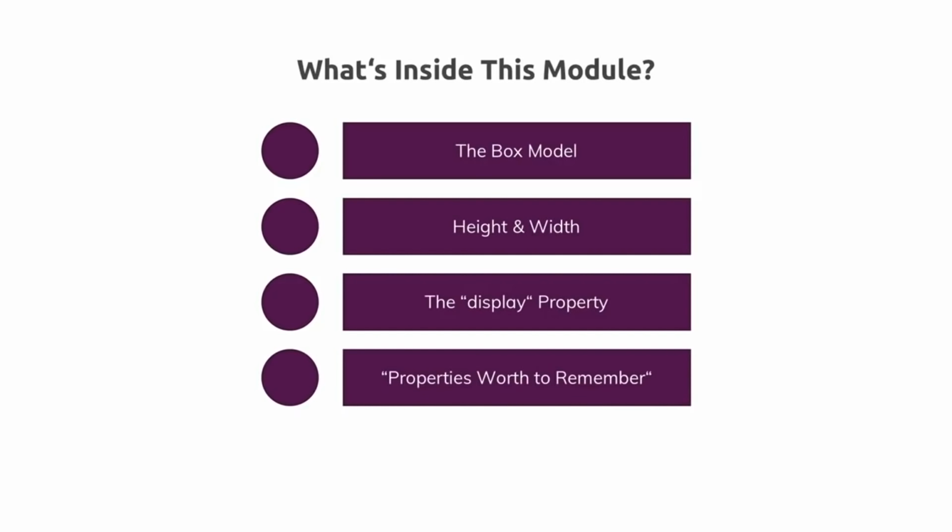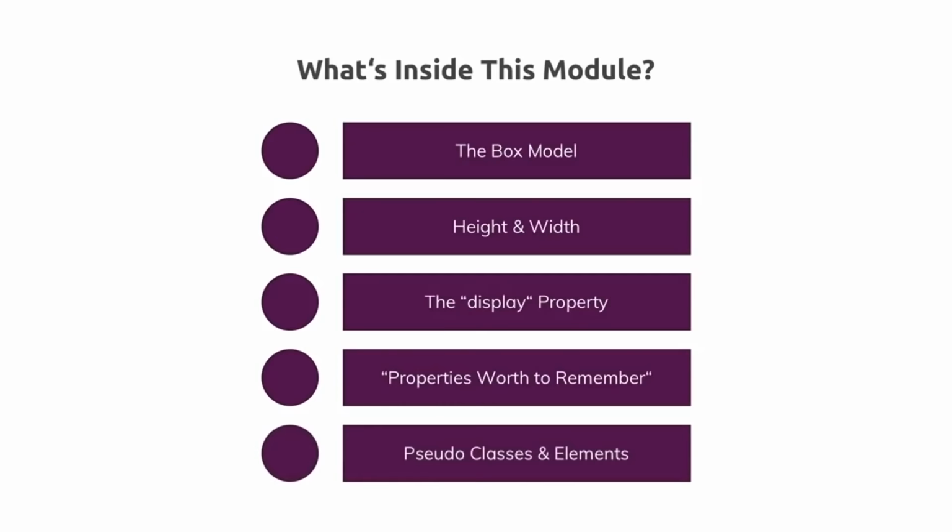But there also is a common set of properties you work with a lot, so I want to share some of the properties I personally find to be the most important ones. And finally, we'll have a look at these pseudo classes and elements I already mentioned in the last course section. Now we'll learn what they are and what you can do with them. So with that, let's just get started and let's continue working on our webpage.